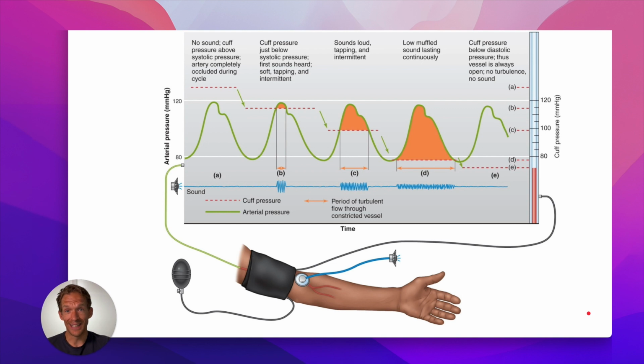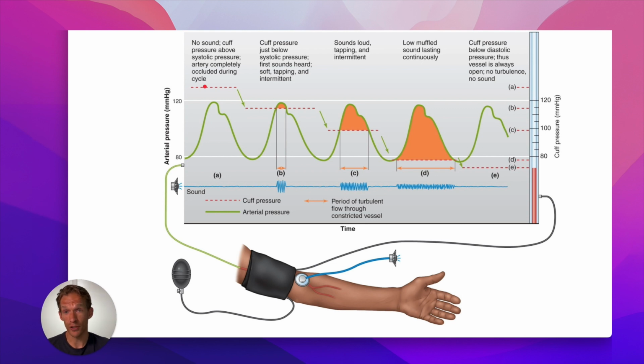You position the cuff around the left arm, and then you inflate the cuff to such a pressure that you completely close down the blood flow through the brachial artery. So once you have brought the pressure of the cuff above the systolic blood pressure, for example, in this case, the 120 millimeters of mercury, you will hear nothing because there's no blood flow.